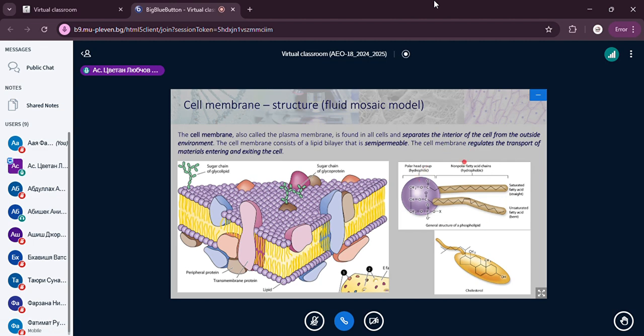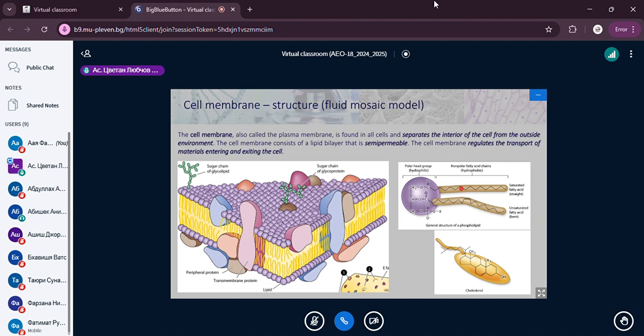The tails are hydrophobic, usually away from the water. So the structure of the membrane, since we have this component of phospholipids, is a big phospholipid bilayer. This means that the heads are oriented to the surfaces, outside or inside of the cells, and the tails are between the heads, located in the center.